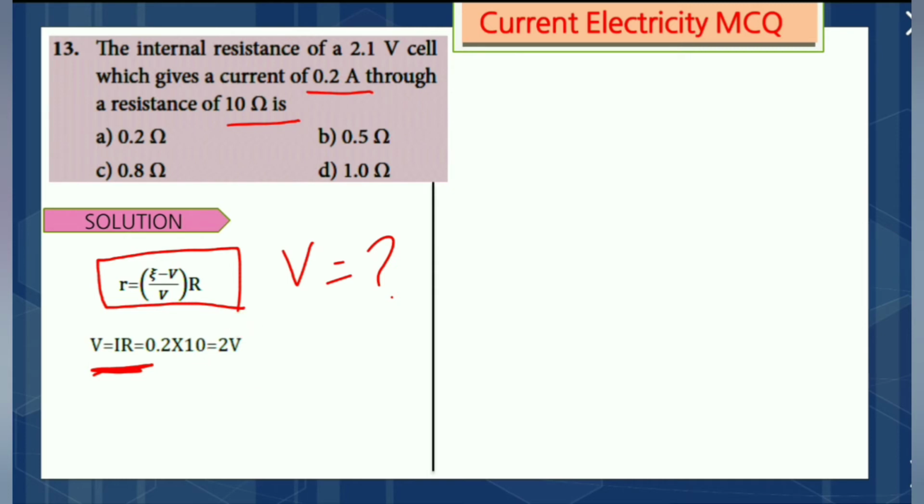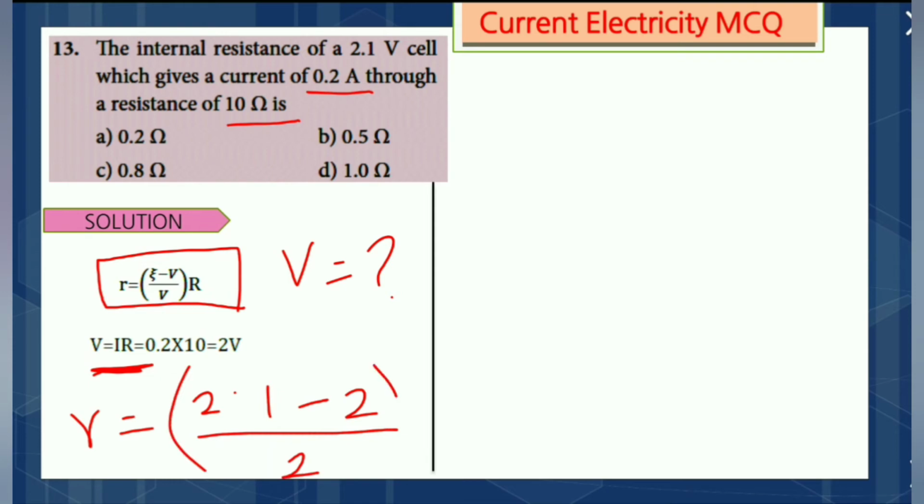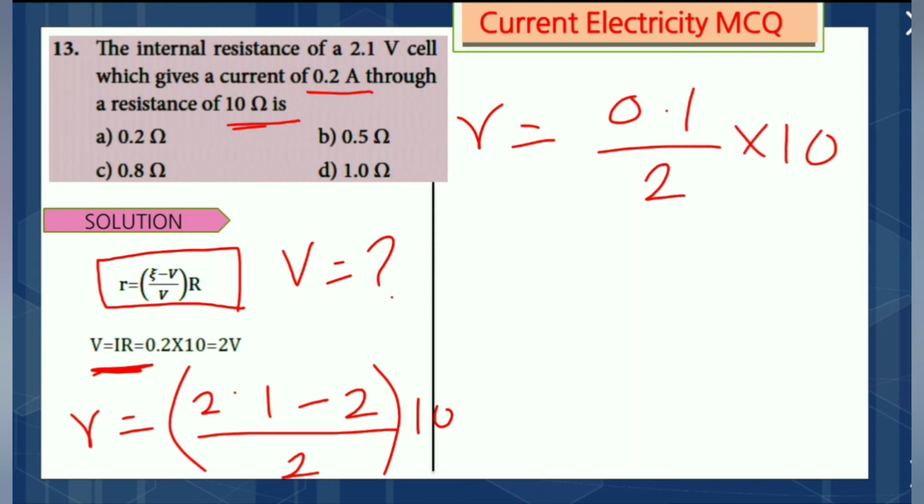Okay, so now we are going to calculate the value of r. So small r is equal to, what is the epsilon value? 2.1 minus, what is the V value? 2, divided by 2 into, what is the value of R? 10 ohm. Okay, so r becomes 2.1 minus 2, which becomes 0.1, divided by 2 into 10.